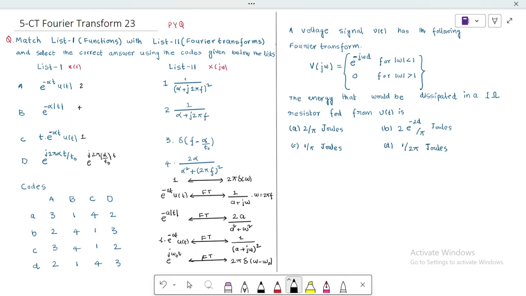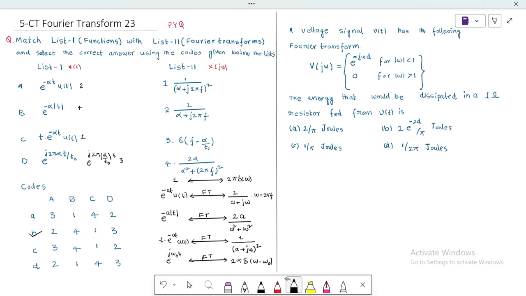In the frequency domain, we should write del of f minus the constant. The constant is this one. So this is 3. So 2 4 1 3, option B. So in this question, there are 4 questions covered in one question.